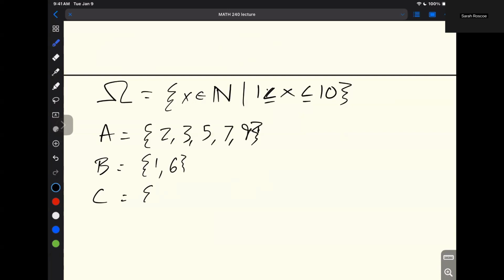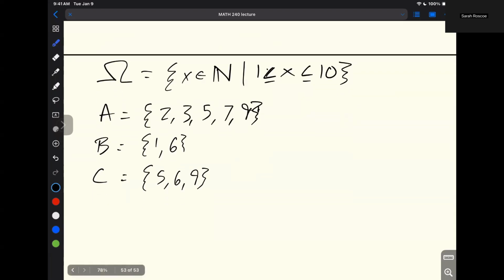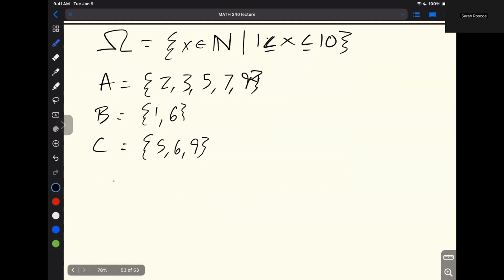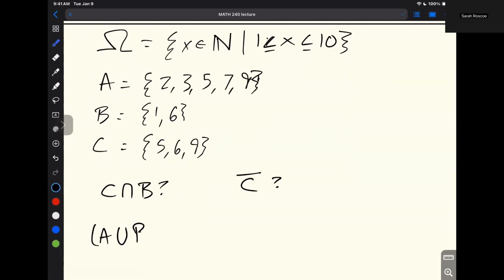And C is 5, 6, and 9. I would like to know, what is C intersect B? What is C complement? And what is A union B intersect with A union C?